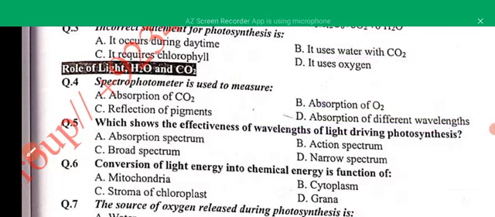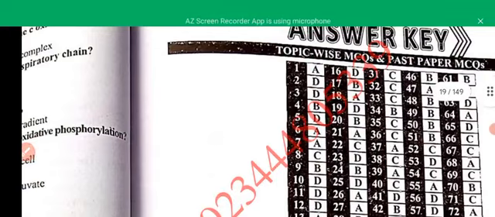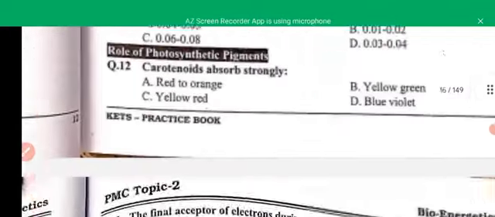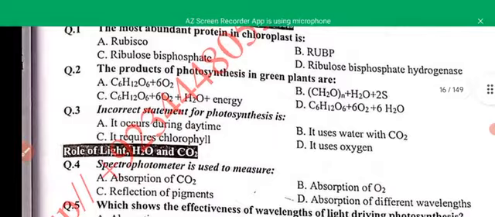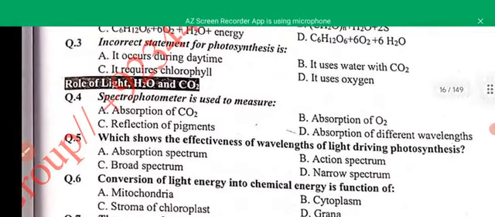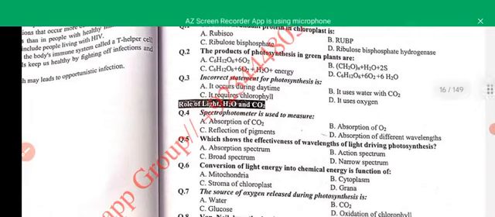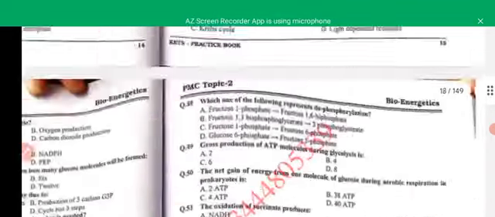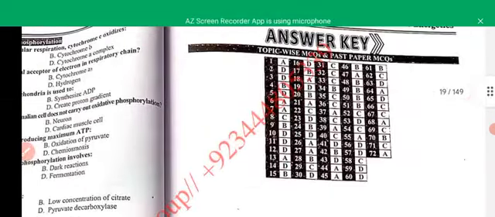So the correct option is D, and here it is marked B. It is used for absorption of different wavelengths of light by different photosynthetic pigments. Its correct answer must be of D type.